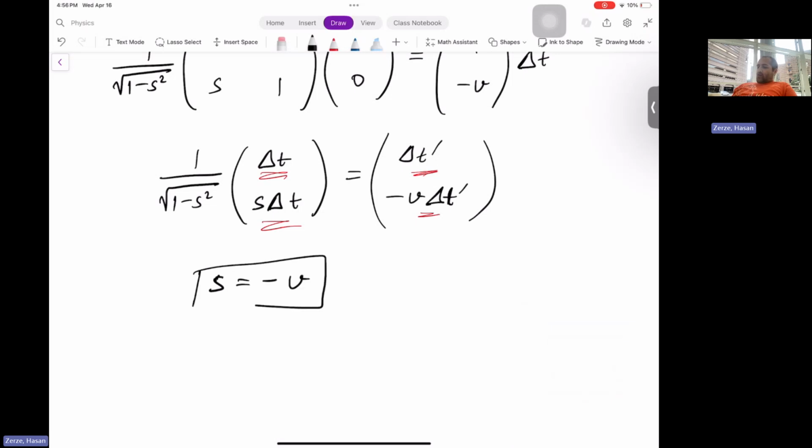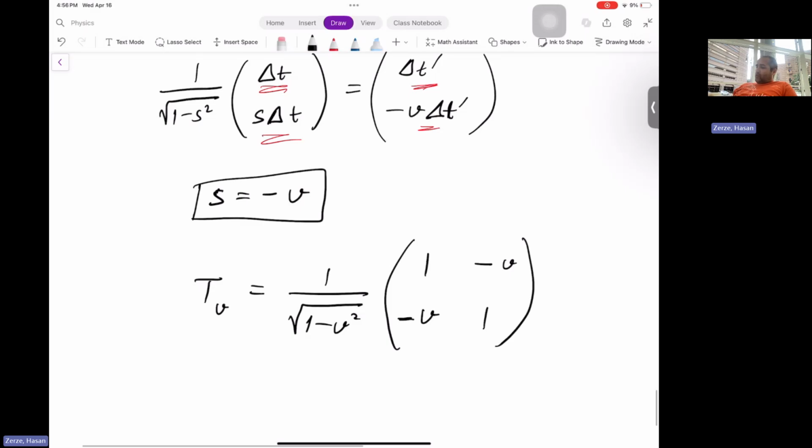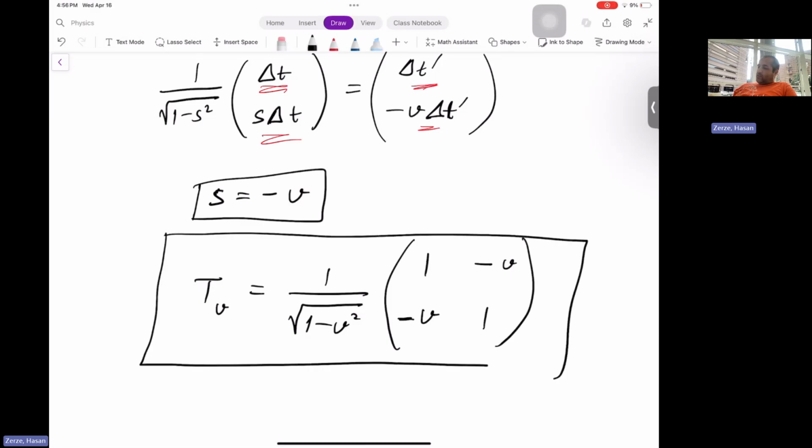With this, the TV can be written simply as 1 over square root of 1 minus v squared, 1, v, minus v, 1. So this is the Lorentz transformation law for one-dimensional space.